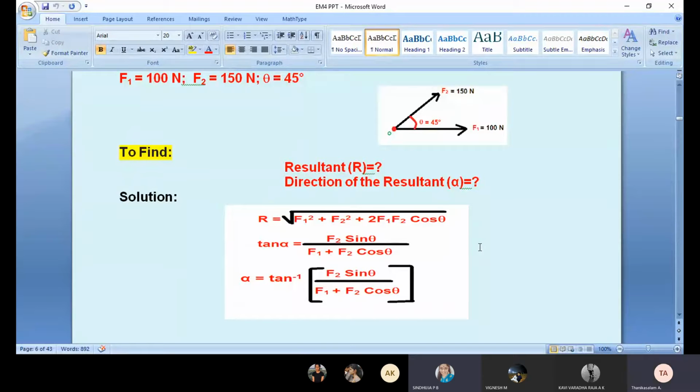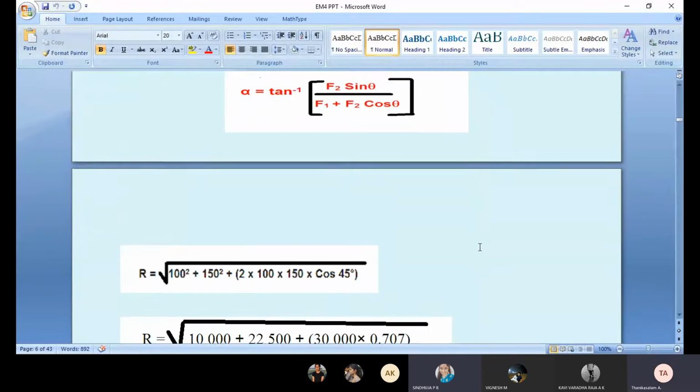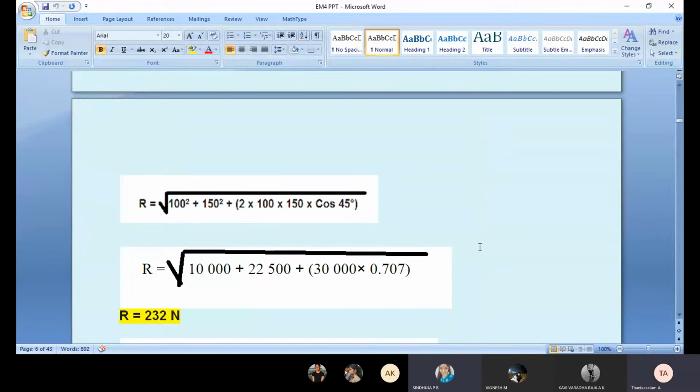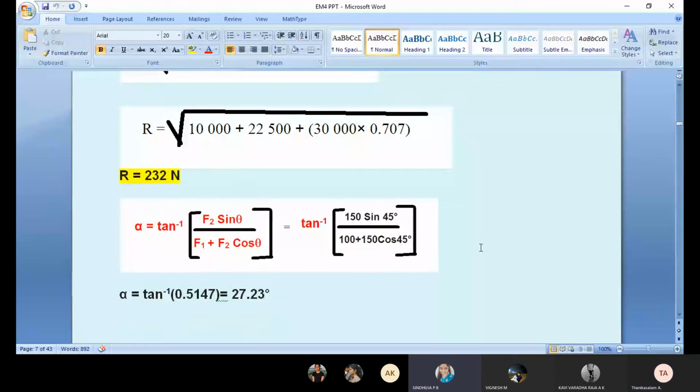Then alpha is equal to tan inverse of that. Then R is equal to 100 square plus 150 square plus 2 into 100 into 150 into cos 45 degree. Then R is equal to 10,000 plus 22,500 plus 30,000 into 0.707, the cos 45 value. Then the resultant value is 230 Newton.